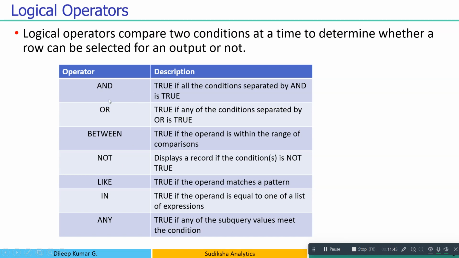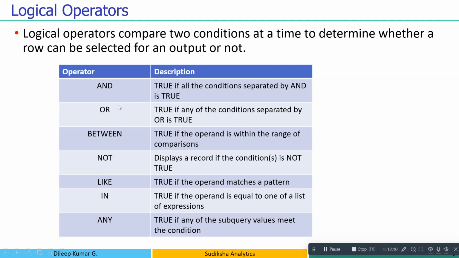And you can also use logical operators: AND, OR, BETWEEN, NOT, LIKE, IN, ANY. AND means the resultant value is true if all the conditions separated by AND are true. That means based on the AND gate, OR gate, NOT gate. I hope you know the truth table of these AND, OR, NOT.